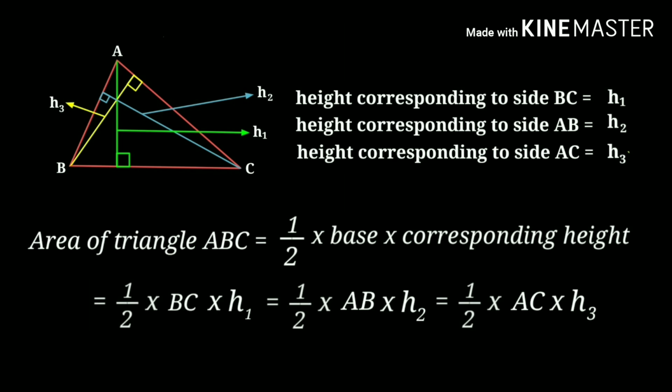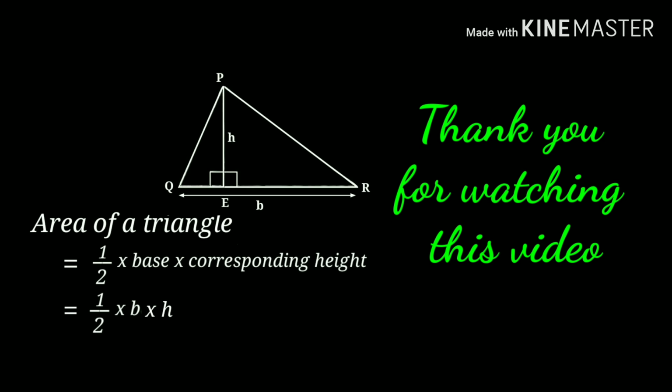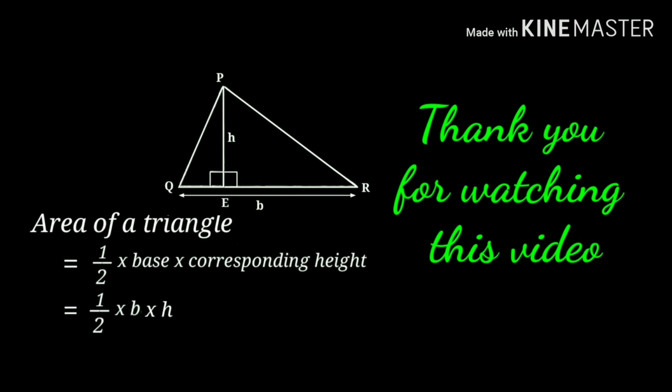So these are the three different ways in which we can express the area of a triangle using the three different bases and their corresponding heights. Therefore, using the formula area of a triangle is equal to half into base into corresponding height, we can get the area of a triangle provided the base and corresponding height are given.